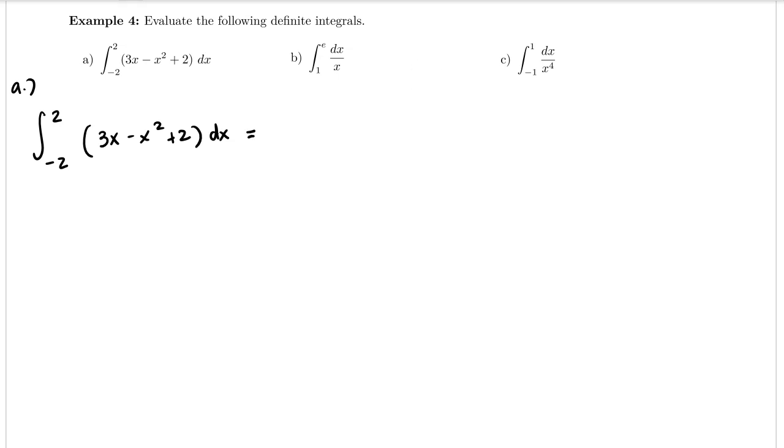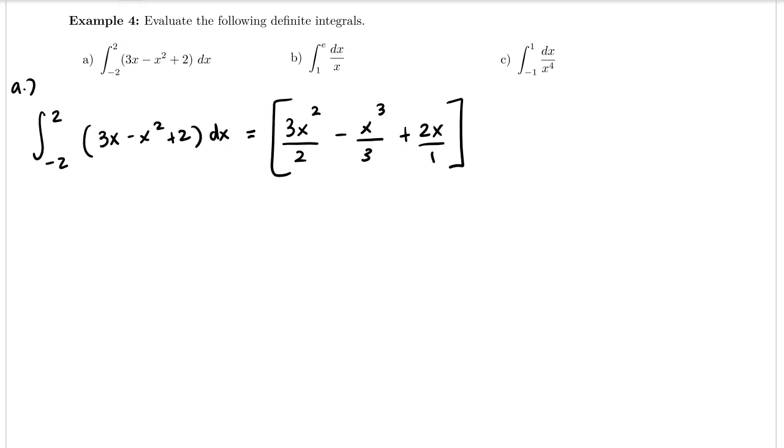All right, so now we want to go ahead and take the antiderivative, and on each of these terms we're using the power rule. So I'm increasing my power by 1 and then dividing by that new power, increasing by 1, dividing by that new power, and then increasing my power by 1 and dividing by that new power.